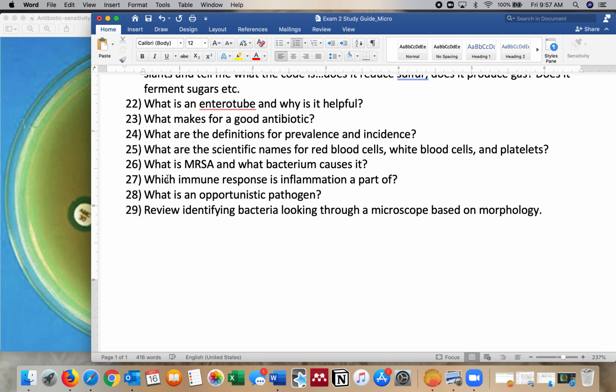Review identifying bacteria, looking through a microscope based on morphology. So remember, at the very beginning of the semester, we were looking at bacteria through a microscope, and sometimes we would see chains, sometimes we'd see clusters. That's how we think of bacteria in terms of how they pair up with other bacteria of the same species, but also think about what each individual bacterium looks like.